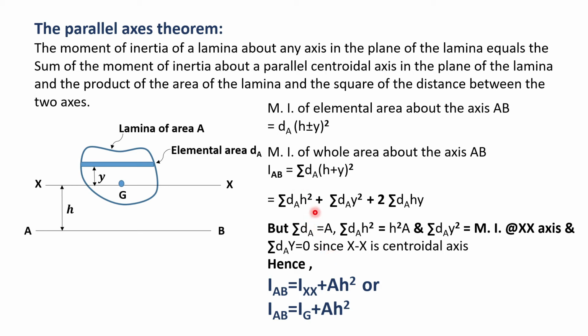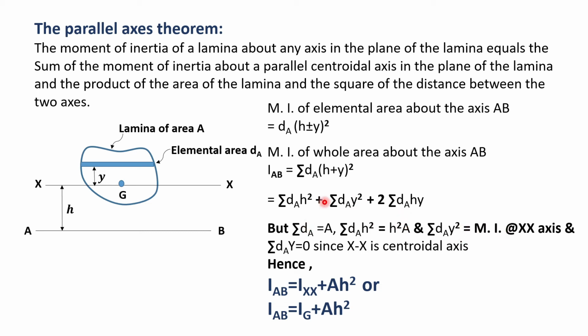When we solve this equation and simplify it, we get dA into h square, that is, summation dA is nothing but A into h square, plus again this sigma y square, that is nothing but the moment of inertia about the centroidal axis passing through that x axis, right?